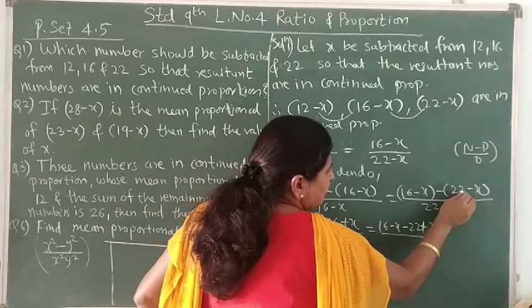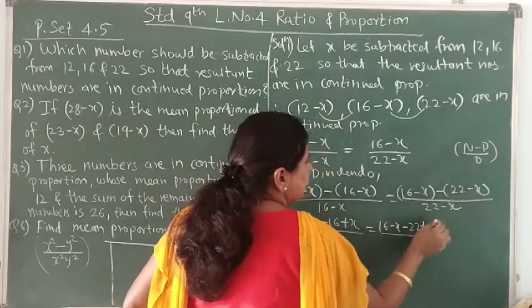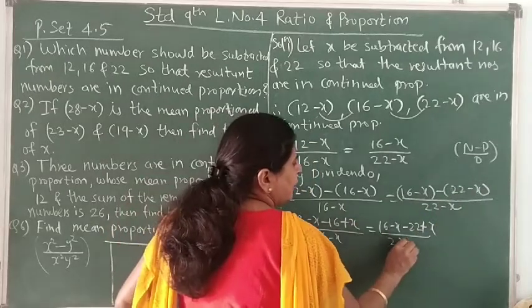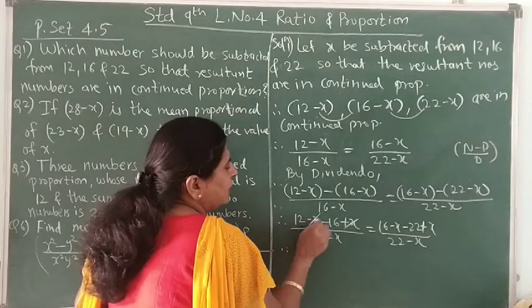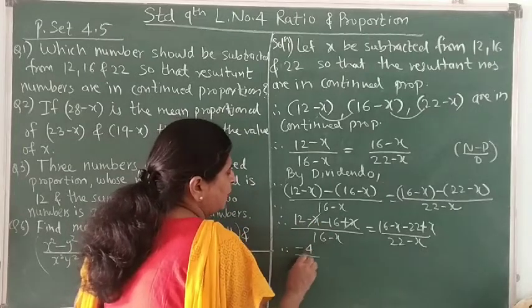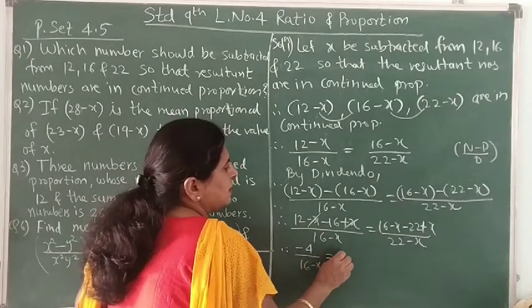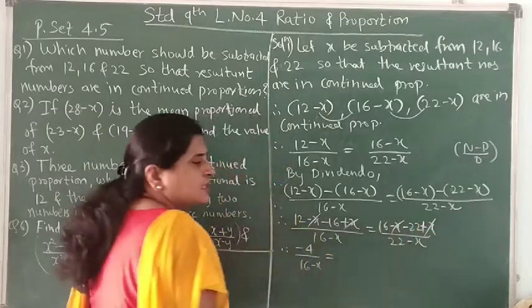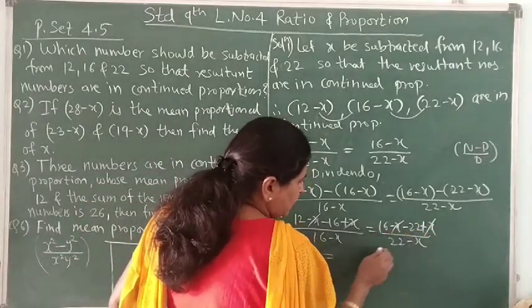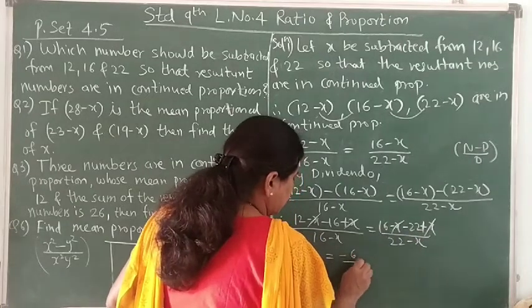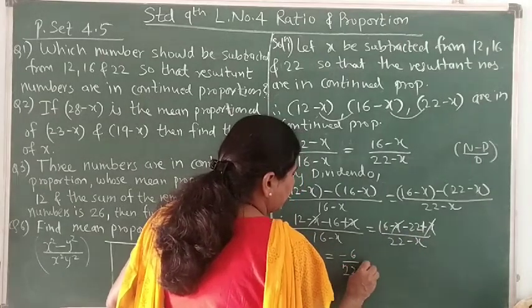The sign is changing, plus becomes minus and minus becomes plus. Same way here, 22 minus x plus x gets cancelled. We get here minus 4 upon 16 minus x is equal to, here also x gets cancelled, 16 minus 22, 4 plus 2, 6, minus 6 upon 22 minus x.